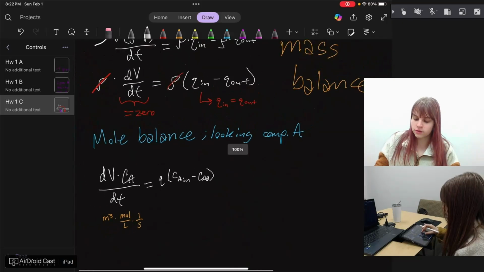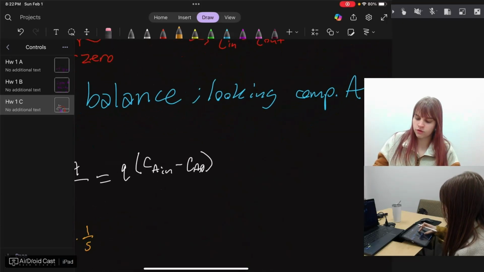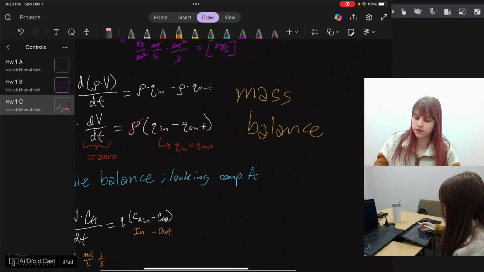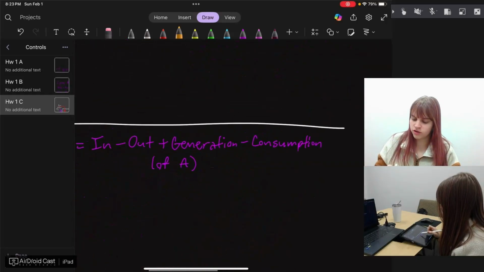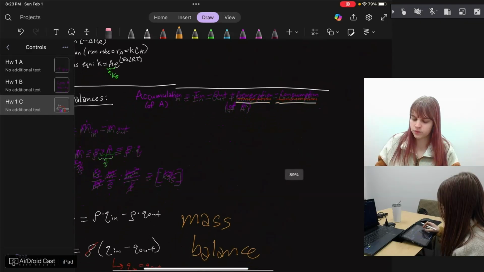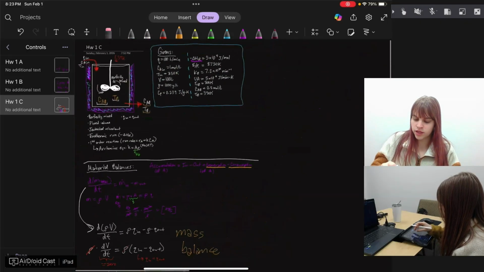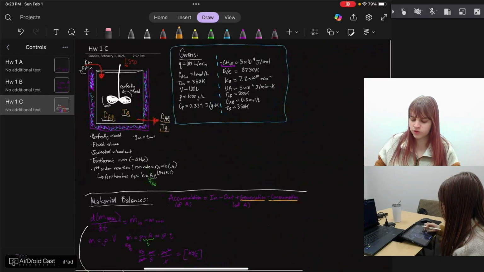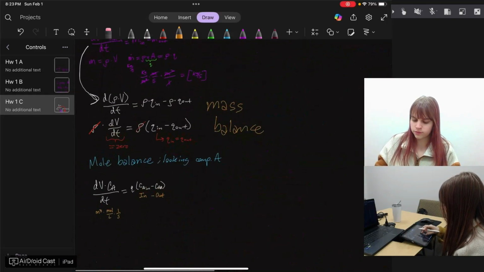But what about the reaction? So what we have here is we have in, we have out, but we know that there can be a generation and/or consumption term. In this reaction, A is actually being consumed, which we will see soon.